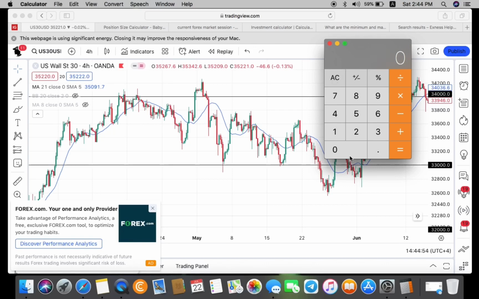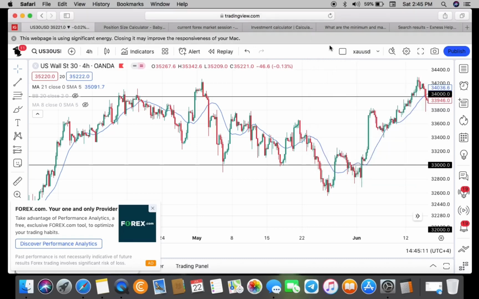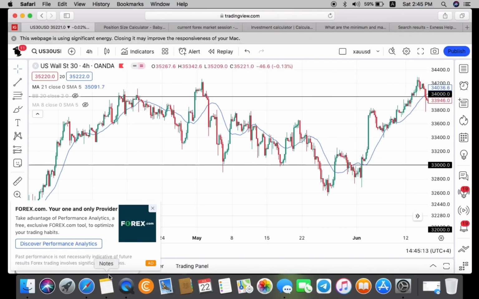Then if you use 0.1 times 100 times pip size 0.01, we have 10 cents. Can you see, guys? We have 10 cents. So this is the explanation I'm giving you guys, so you have to take note of this.